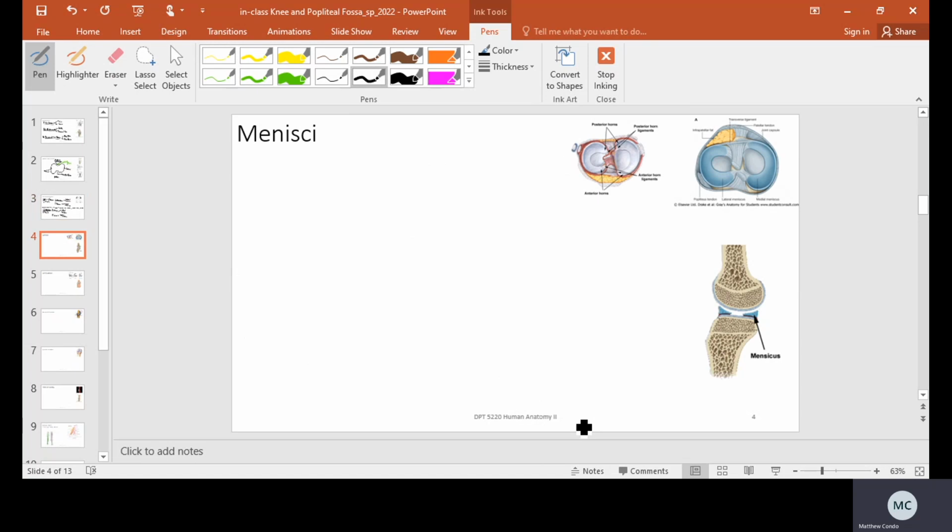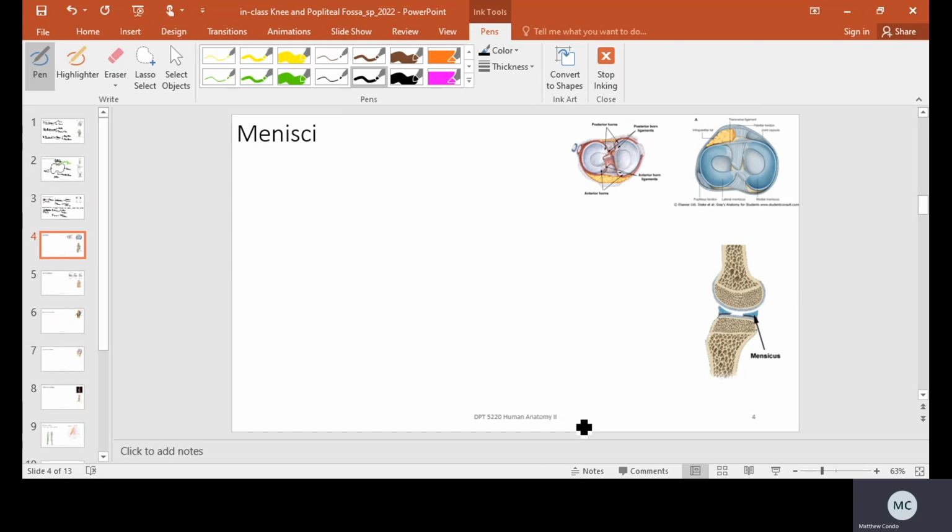All right, so moving on to some of the soft tissue that we're going to see in the knee. Menisci is plural for meniscus. Okay, and all a meniscus is, is just that very outer edge. Okay, and that's literally all a meniscus is.